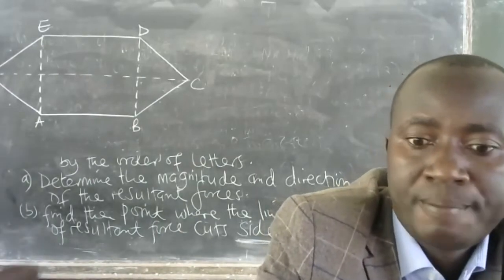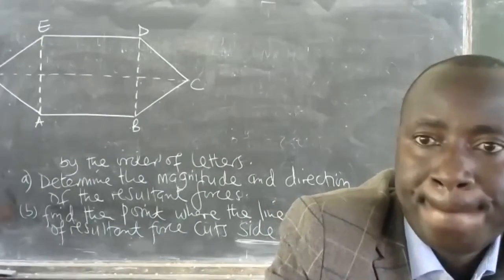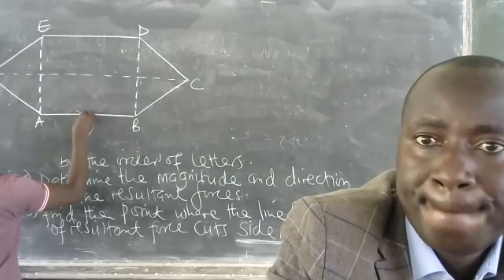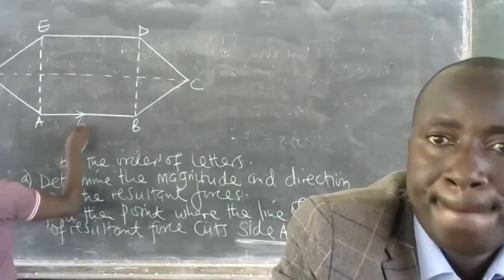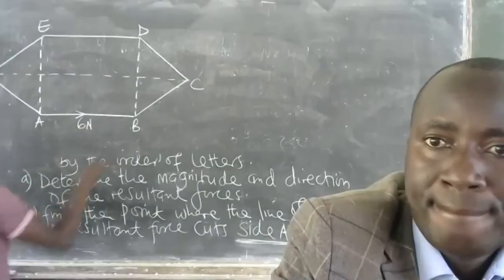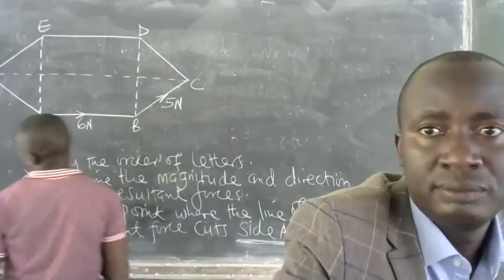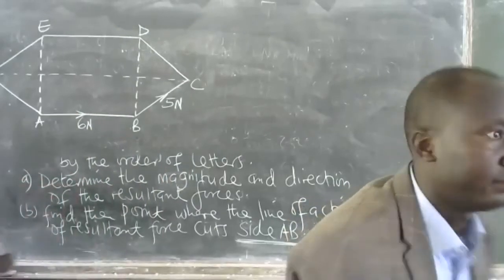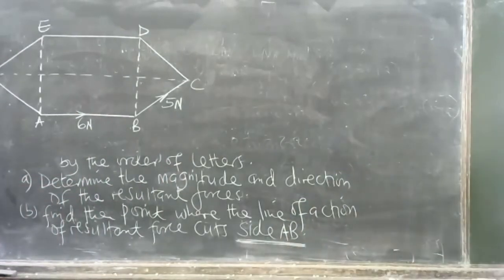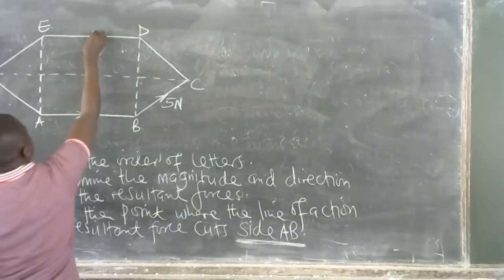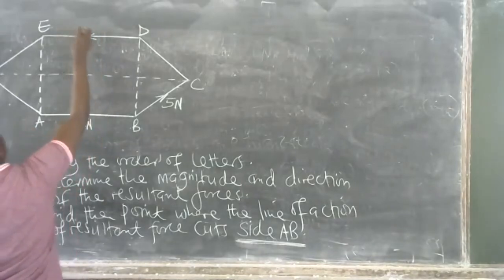AB, they said A to B, the order was A to B, 6 newtons. They mentioned B to C, 5 newtons. They mentioned D to E. Order is important. D to E, 4 newtons.